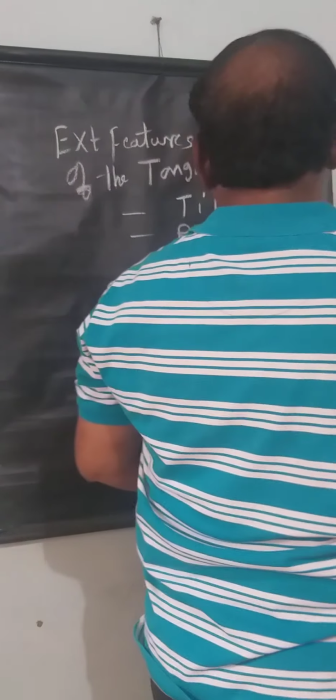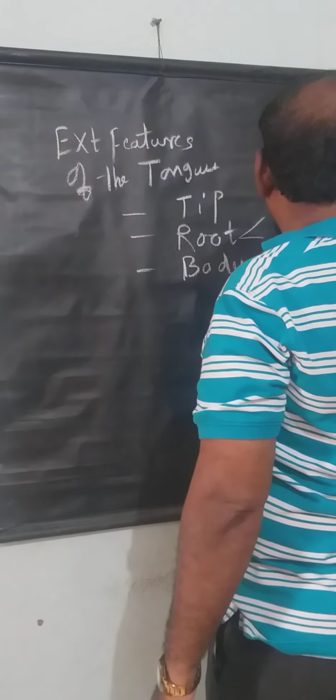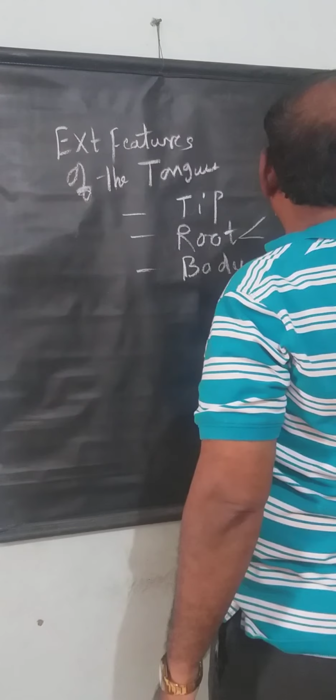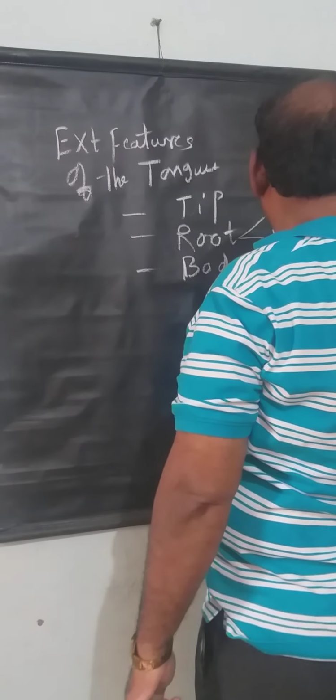The root has got two parts. Above it is the mandible. Below it is the hyoid bone.